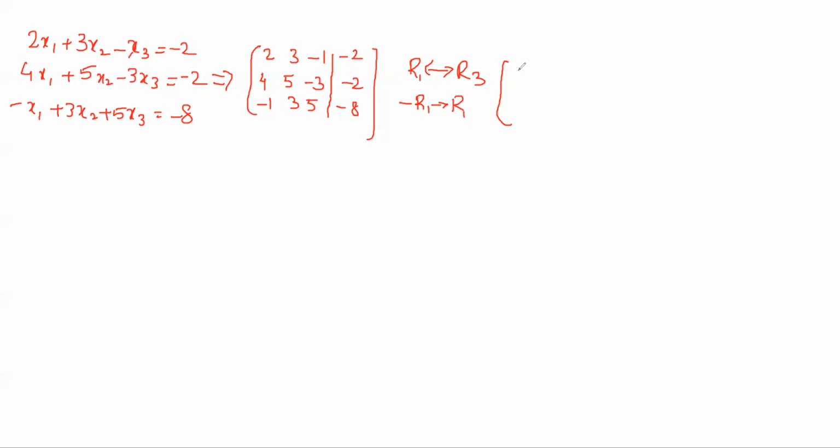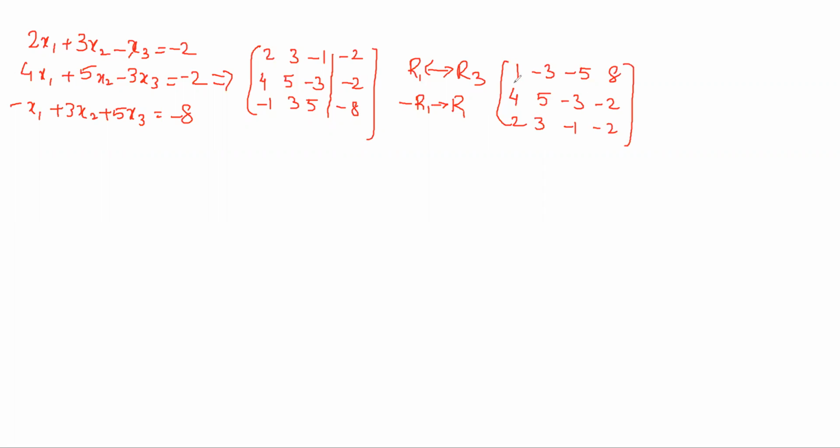So it will be 1, minus 3, minus 5, 8, and then 4, 5, minus 3, minus 2, and then 2, 3, minus 1, minus 2.